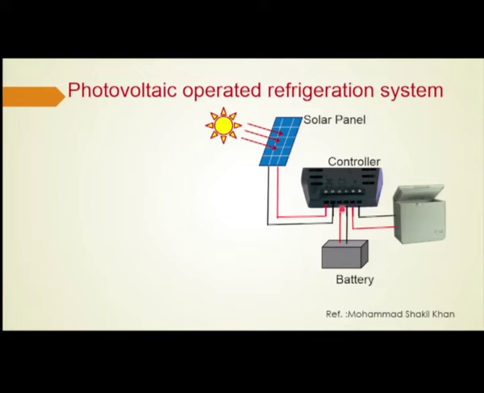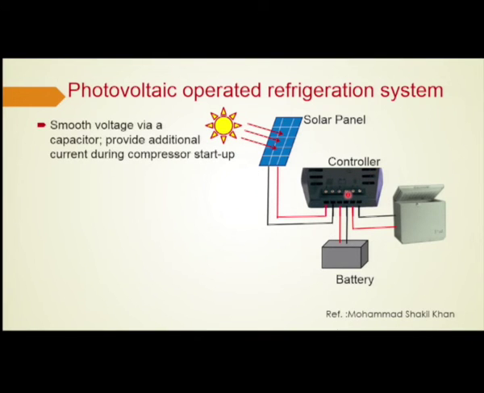So, the purpose of the controller is to smooth the output. The voltage output of the panel is not constant, it is always varying, so it is smoothened by a capacitor. During the starting operation, the compressor takes more current or more power.